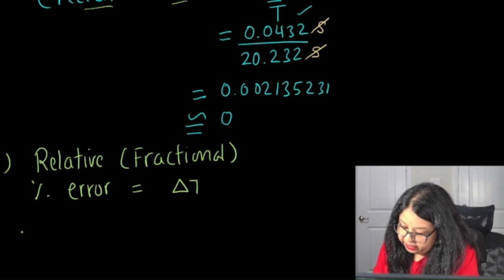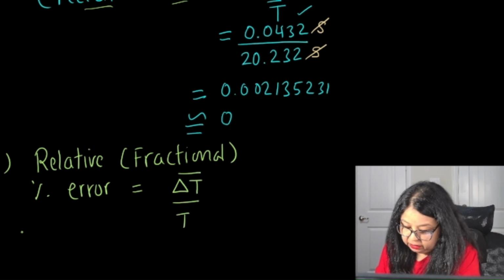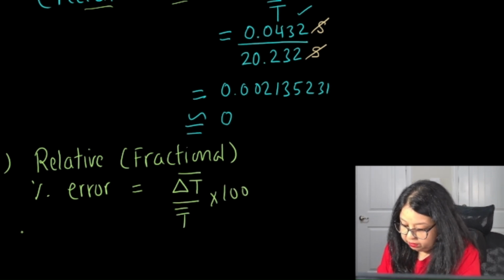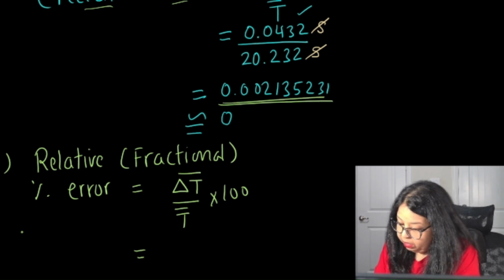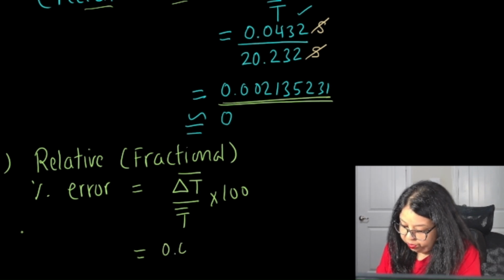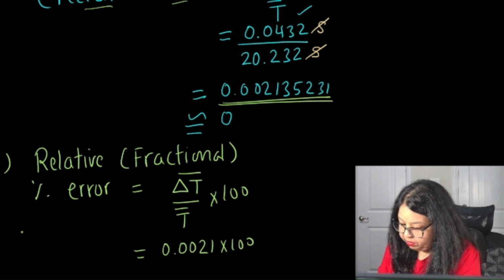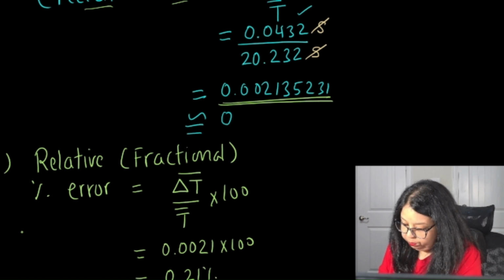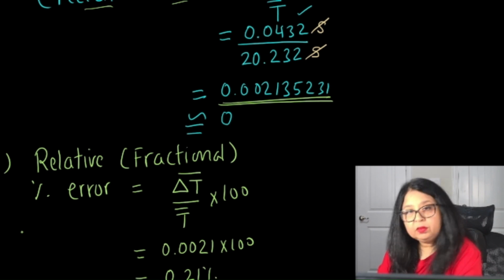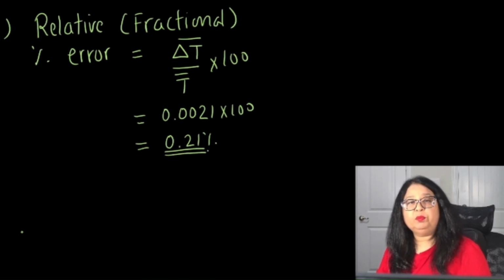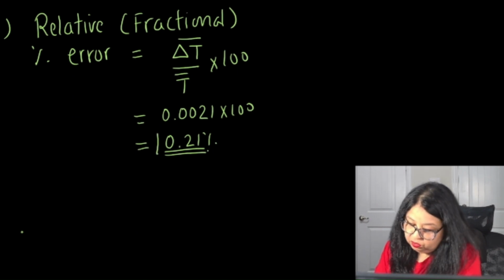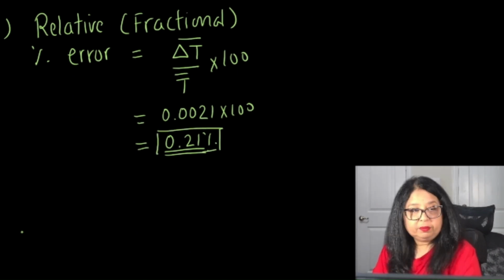So that is going to be delta T bar divided by T bar times 100. I'm going to use this value 0.0021 times 100. What does this give me? 0.21%. So this is the value of the percentage error. So this was our problem number 1.